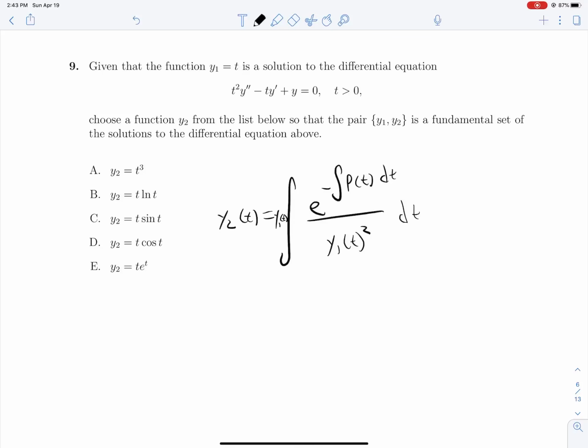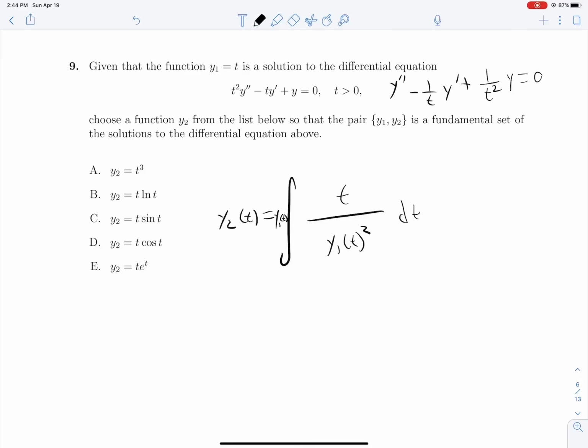So this p of t term is just the coefficient on y prime so long as the coefficient on y double prime is equal to 1. So we can rewrite this equation as y double prime minus 1 over t y prime plus 1 over t squared y is equal to 0. And so really we're taking the integral of negative 1 over t in here, so this is ln t.